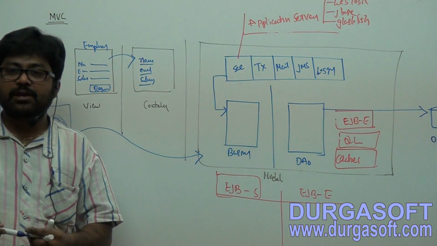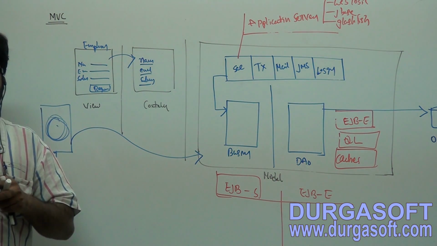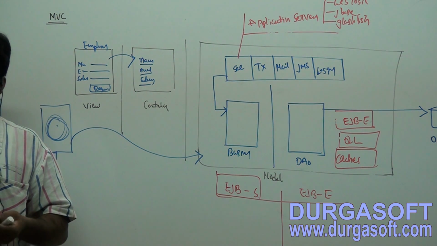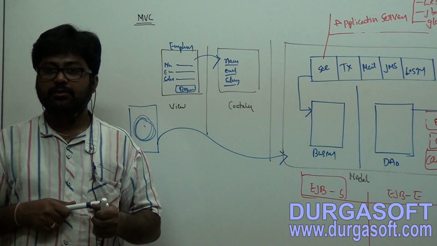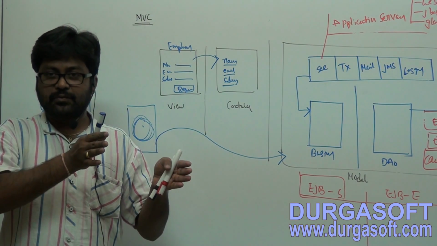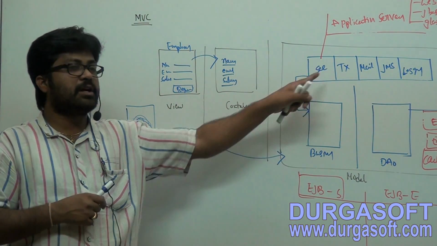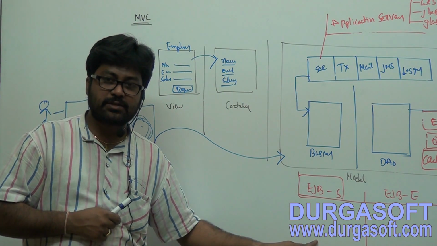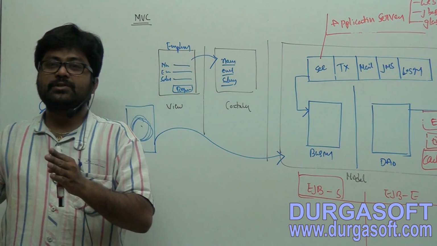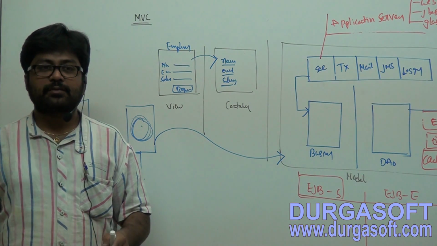Let's say you have an application with 1000 use cases, with security and transactions. For those 1000 use cases, you may need to write EJB session beans. 1000 EJB session bean classes may be required. Even for the remaining classes, you must write them whether you require them or not.